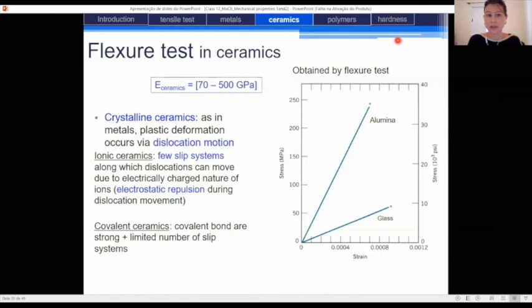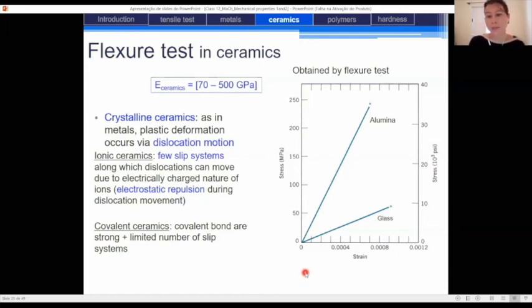So from the flexure test for ceramics, we are able to obtain equivalent information that would be obtained with a tensile test. We can see the elastic regime, which is represented by linearity between stress and strain, as you can see on this graphic.